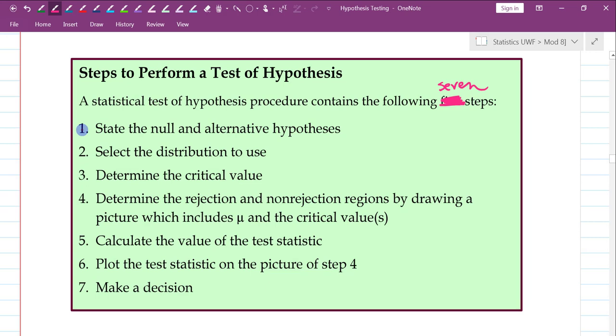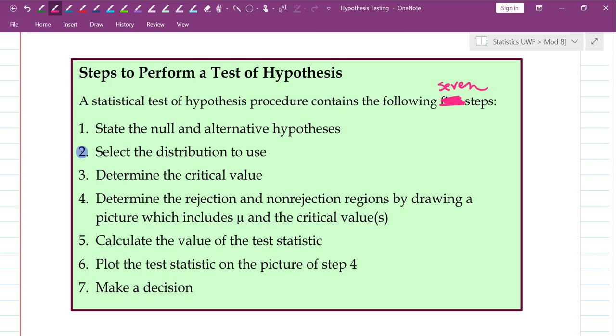Number 2, determine what distribution you're going to be using. Initially, for this lecture, we're going to be using the standard normal Z only, but we're about to get to the t-test, okay? You're going to differentiate which test you're going to use, just like you did on the confidence interval.